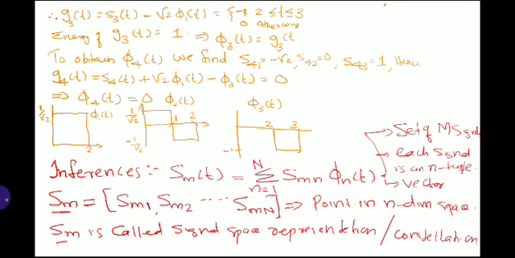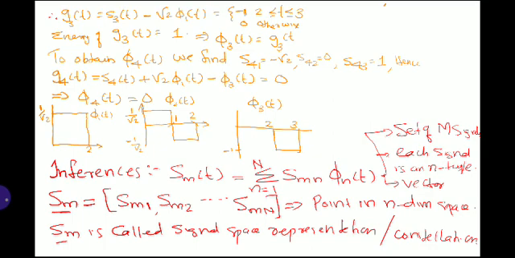To find the coefficients of each of the signals, or to convert each of those signals to the vector, I'll give you that as an assignment. So here you can see that this signal space is having a dimension of 3. You are having only 3 basis functions.